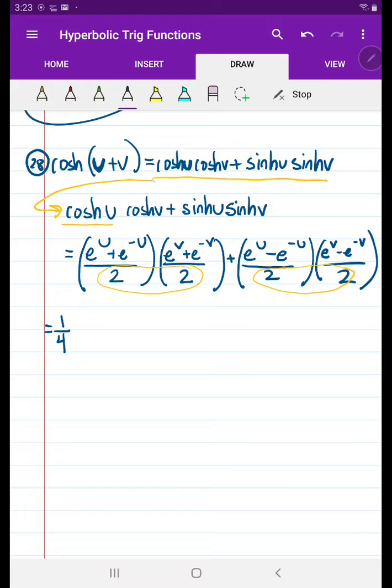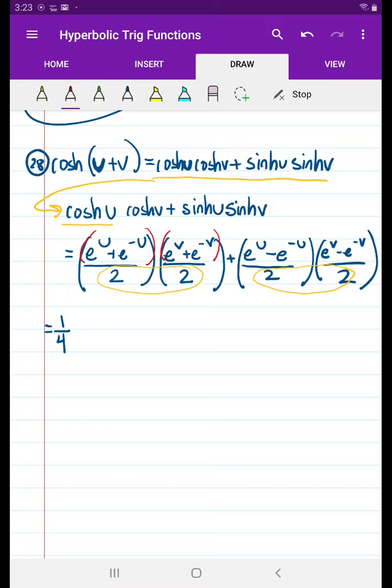And what we have going on here is kind of like you're FOILing e to the u plus e to the negative u times e to the v plus e to the negative v. So I'm going to pretend that this is one set of parentheses and this is another set of parentheses, and I'm going to go ahead and FOIL those out, okay?